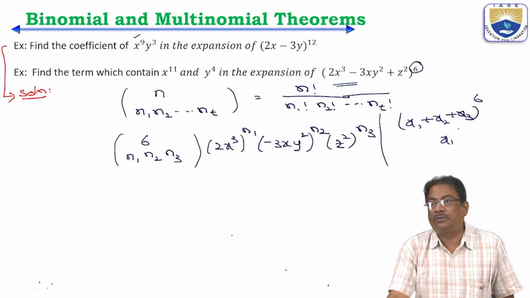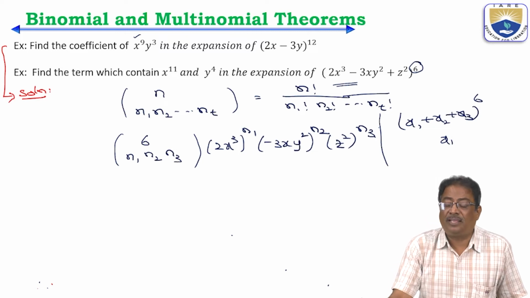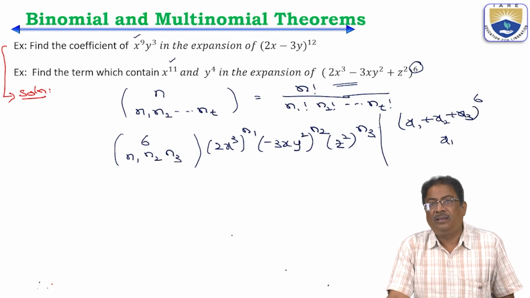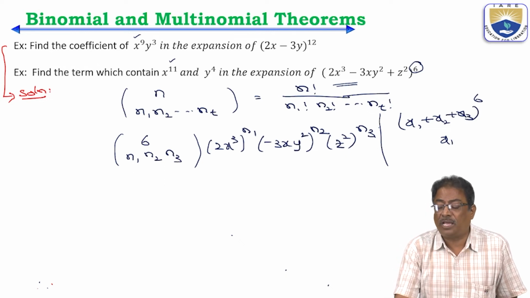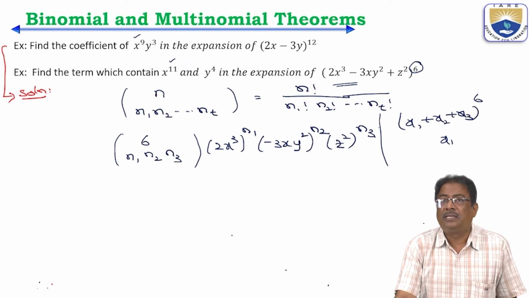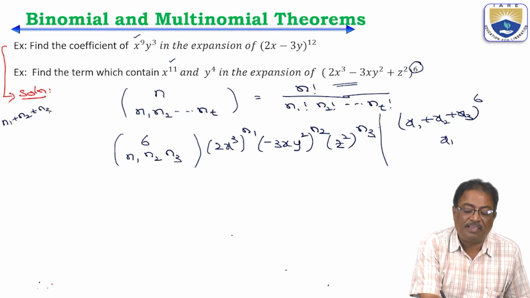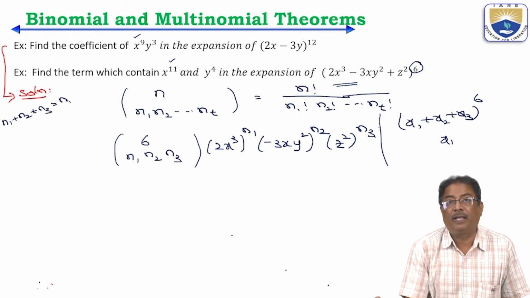We have to find out that n1, n2, n3; it is given as 11 and 4. Here n1 plus n2 plus n3 will become n.